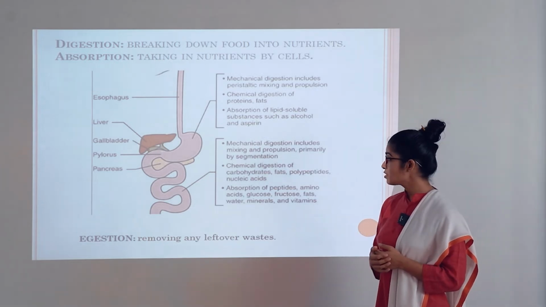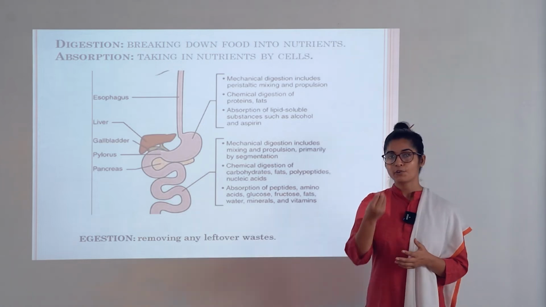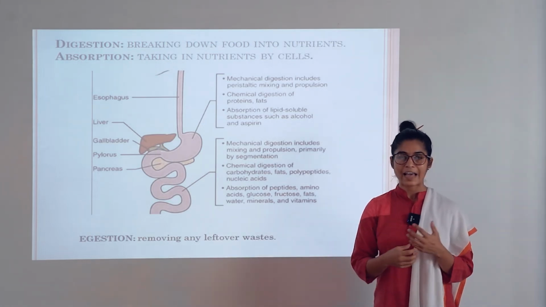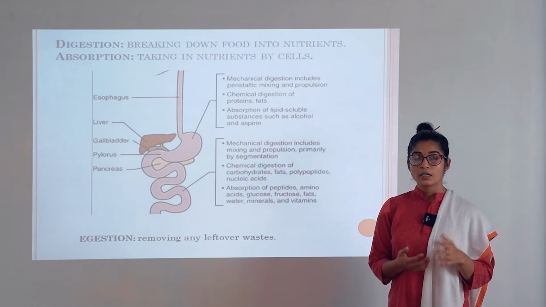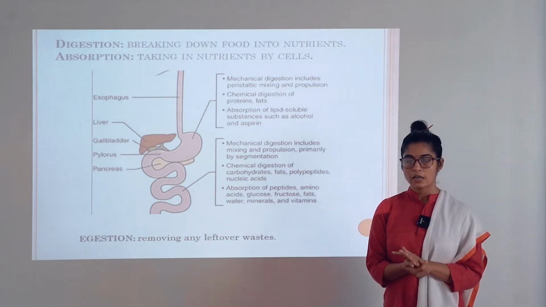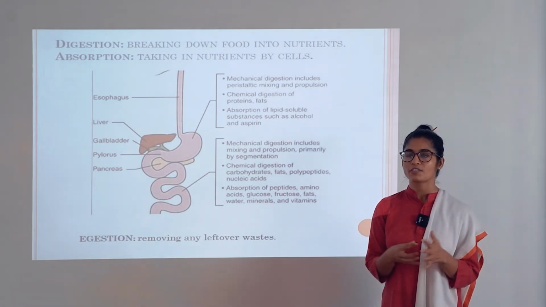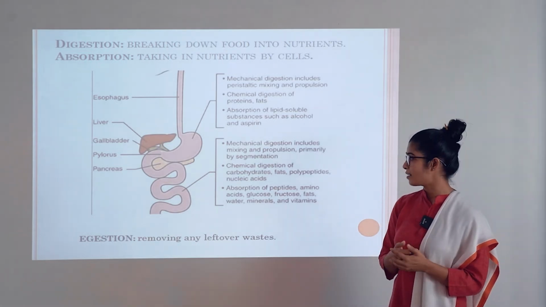What is the function of hydrochloric acid? If the food we are taking in has any bacteria, the main function of hydrochloric acid is to kill those bacteria, and it is also helpful for the breakdown of the food more finely.